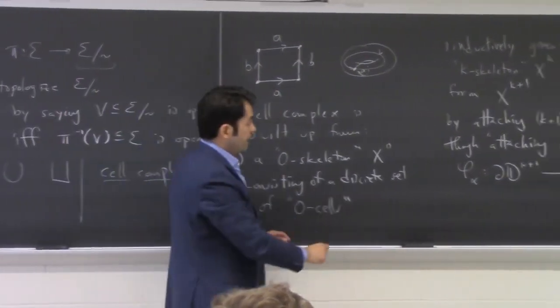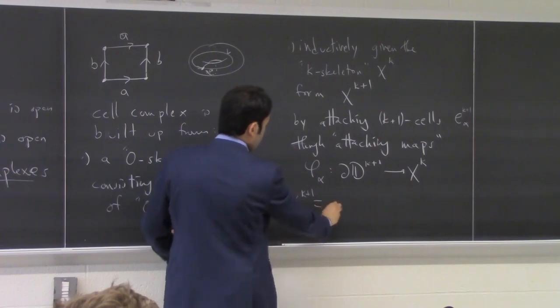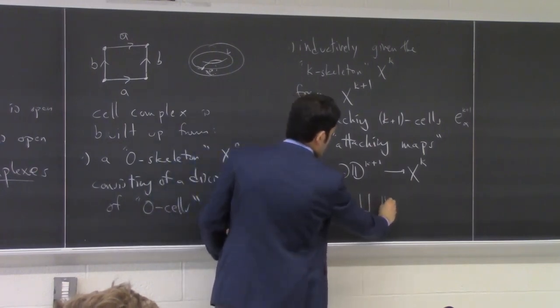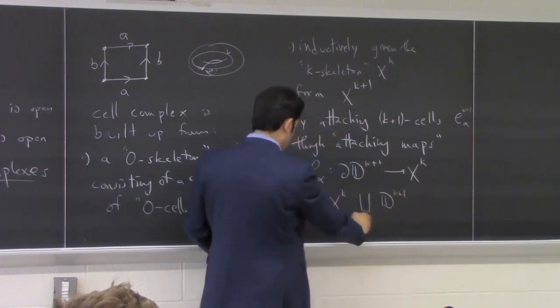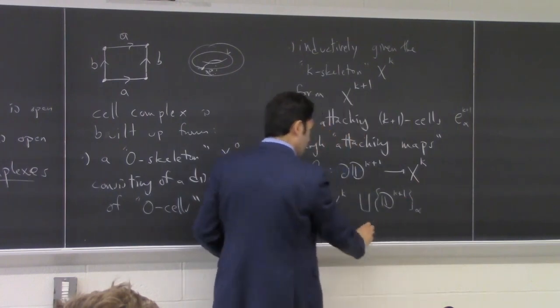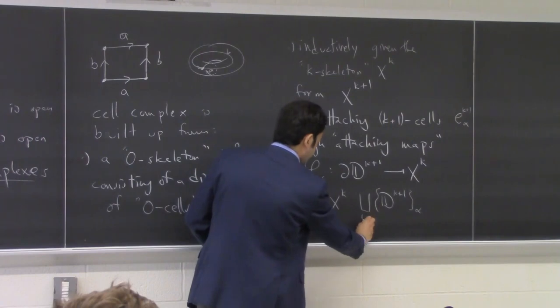Right? And then X_{K+1} is equal to X_K, and then you add all of these disks, one per index, along these maps.